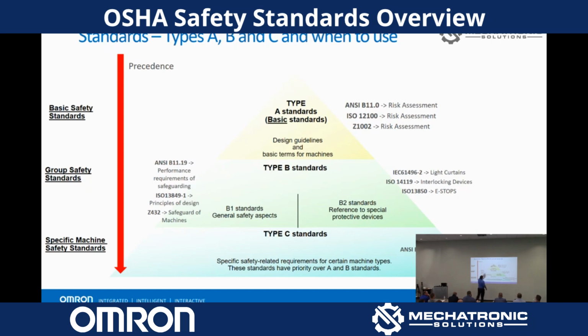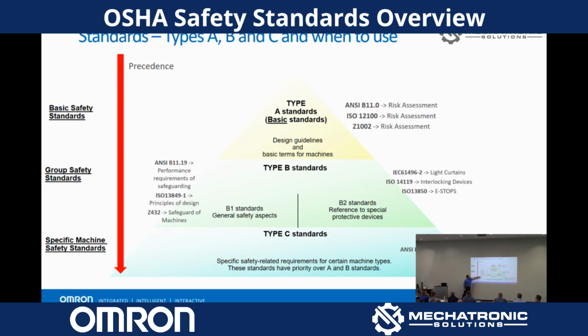Okay, so that's type A, which is a very basic overview of risk assessment. Then there's type B, and within type B there's a B1 standard and a B2 standard. B1 standards are general safety aspects. They talk about how to apply safeguarding technologies generally. That's where you'll find things like how tall my barrier guards need to be, reach-in distances, things of that nature for installation of guarding.